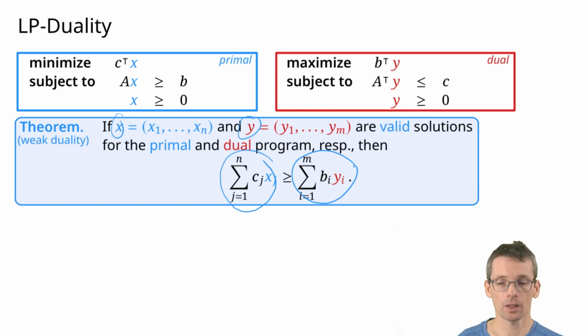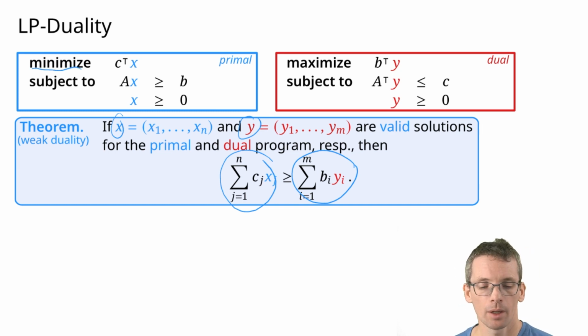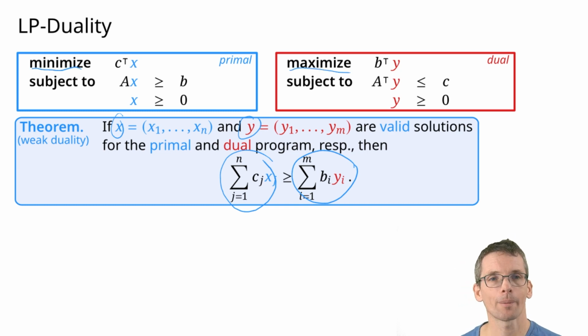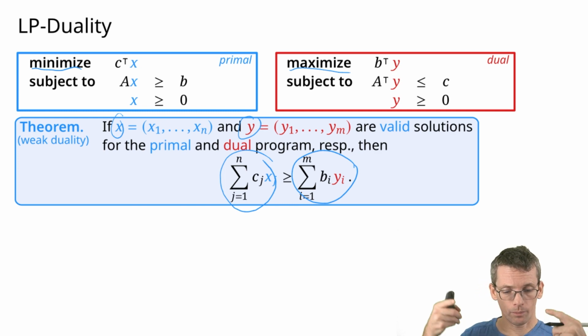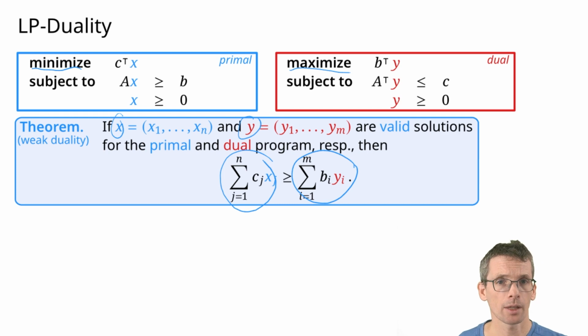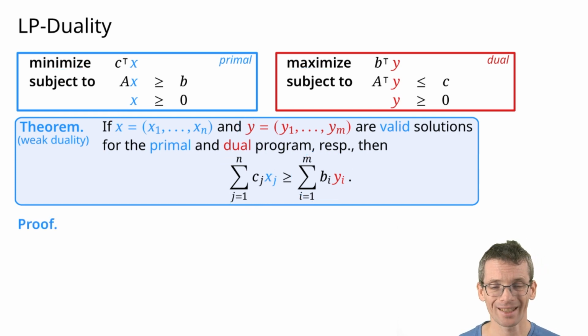And again, this is in a setting where the primal problem is a minimization problem and the dual problem is a maximization problem. Because we're going to use this argument several times in this video, let's actually look at the proof, which is very simple.